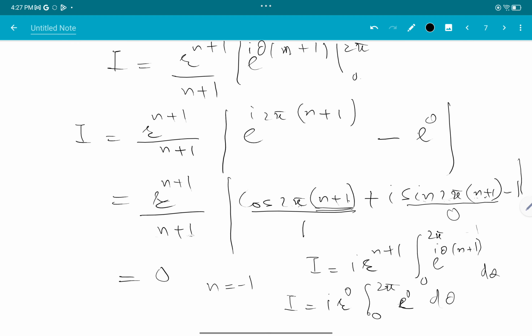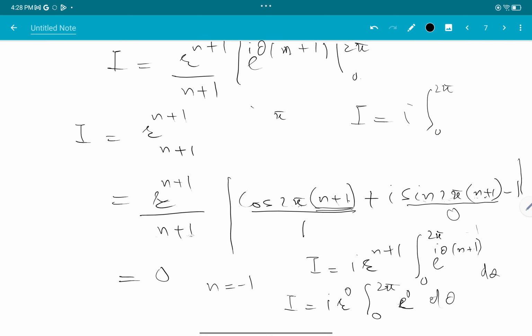Let me clear some space here for the final result. I have I is equal to i, then integral 0 to 2 pi, then e raised to 0, that is 1, into d theta.